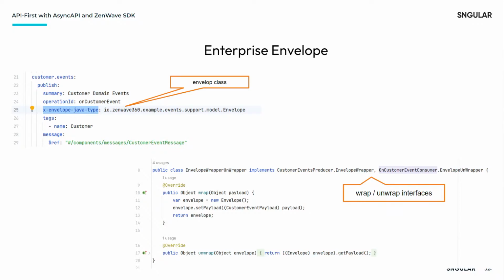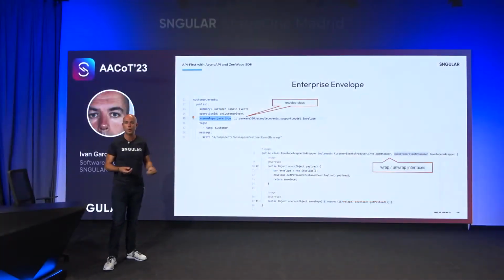So if we describe every single AsyncAPI that we have with the same envelope, we are describing nothing. So it was a business rule that we had to follow, but at the same time, what are we describing?